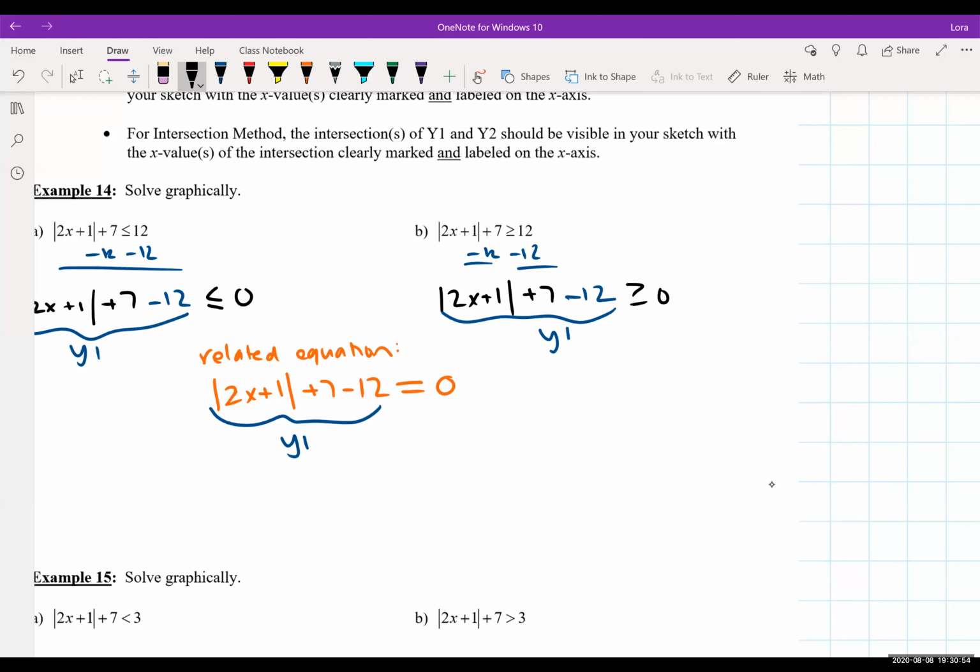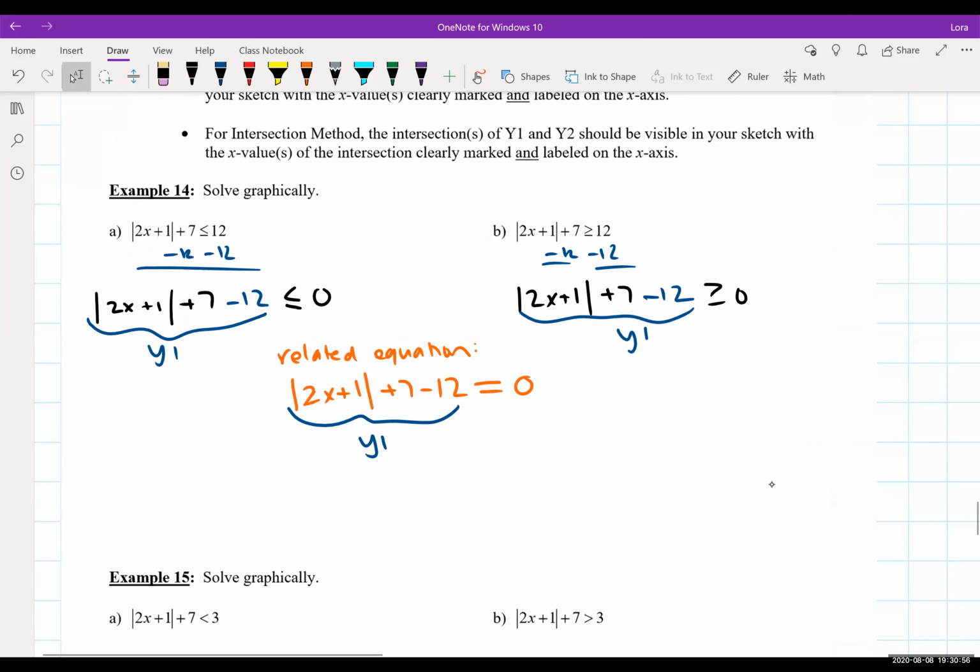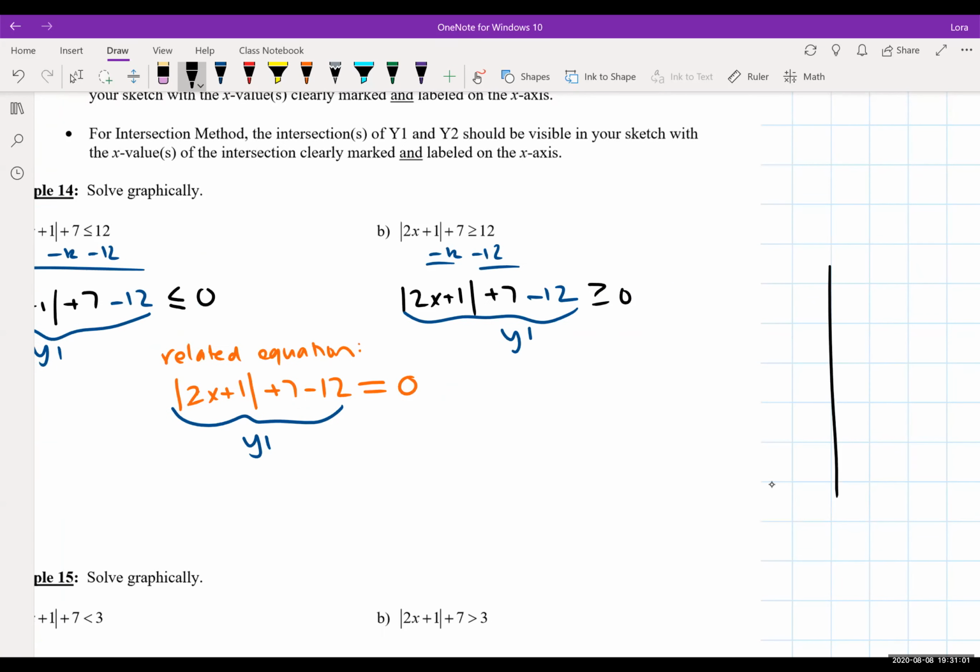So here's my graph. A quick sketch of the graph involves axes, and you're relatively showing the most important parts. When I'm looking at my calculator screen, it looks like the point of the absolute value is a little to the left of the y-axis, and you can see that you're intersecting the x-axis at two places.